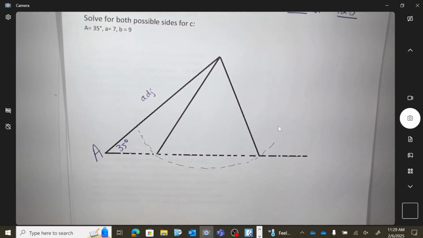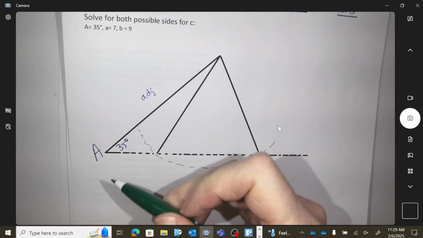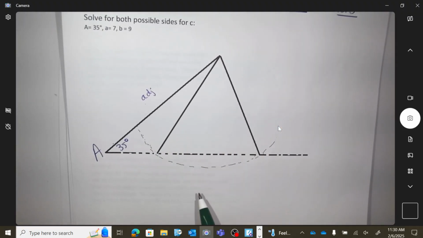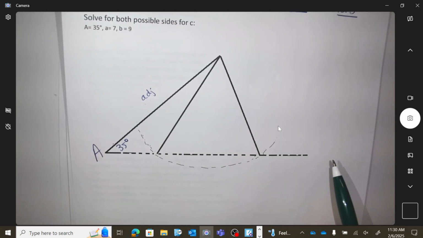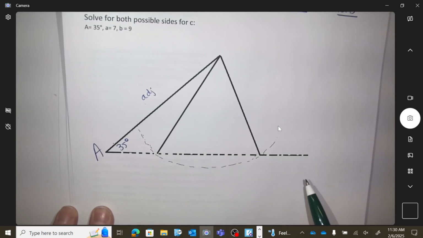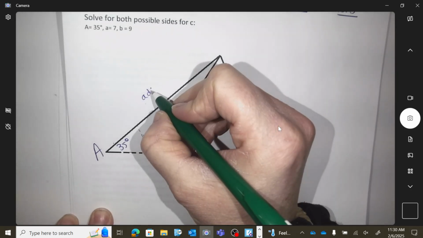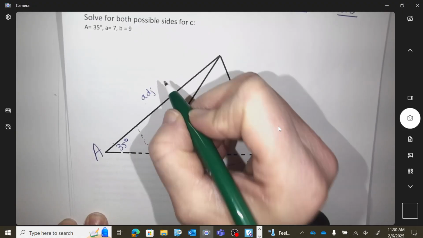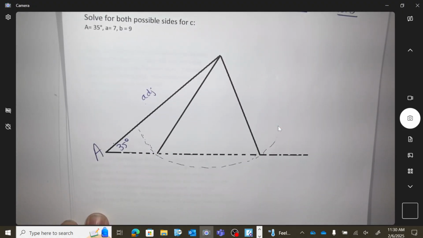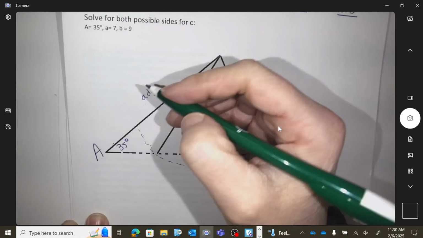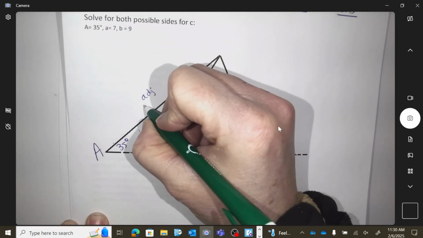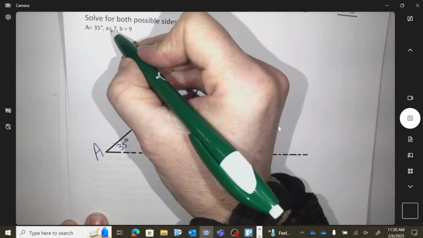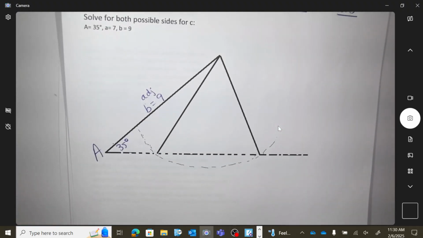This is adjacent right over here, right beside A. Okay, this dash line is my ground. That's the side I don't know. Which number am I going to put for adjacent? Should I put 7 or 9 there? I should put 9 because A and A should be opposite of each other, right?